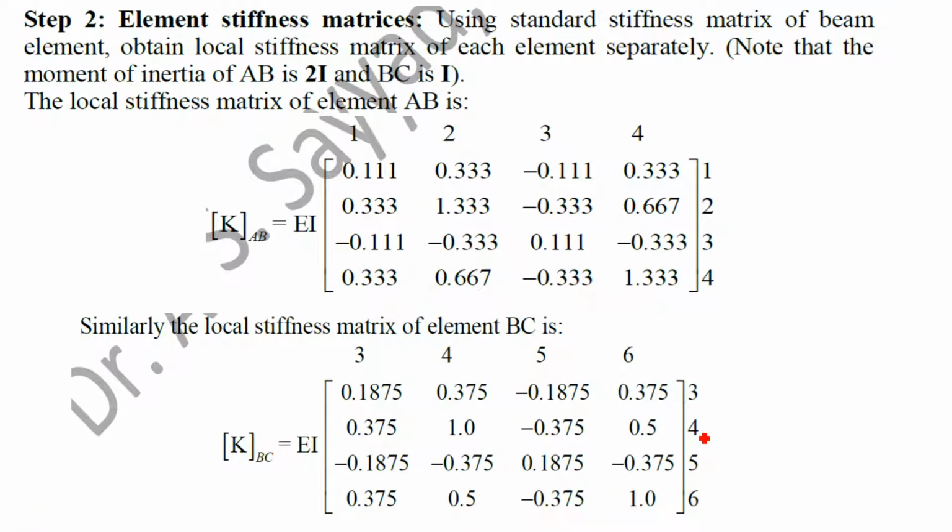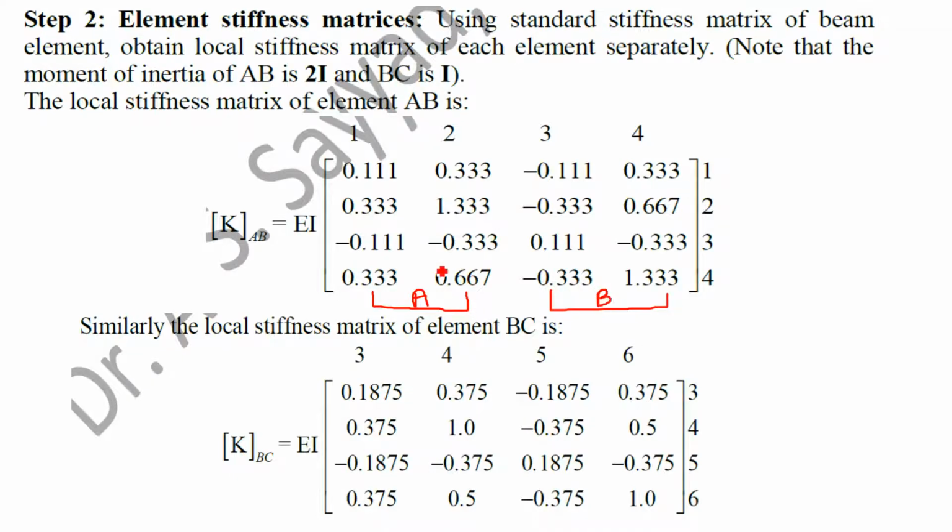But remember, only the stiffness matrix is not sufficient. The important step is that on the top and right of the stiffness matrix, you have to write down the corresponding displacements. When we derived the standard stiffness matrix, we discussed that the first two columns of the stiffness matrix correspond to the left joint and the remaining two columns correspond to the right joint.